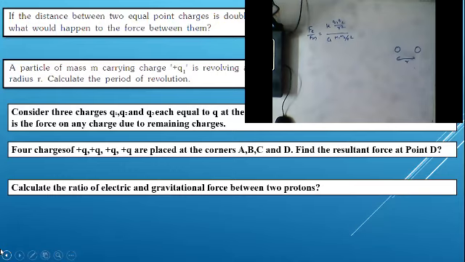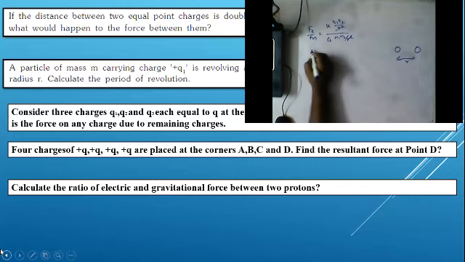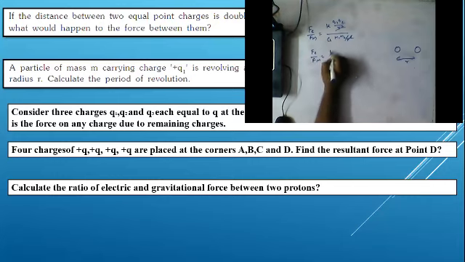If you clearly observe, this r square and this r square will get cancelled, and what we are left with is Fe by Fm is equal to K into Q1 Q2 by G into M1 M2.